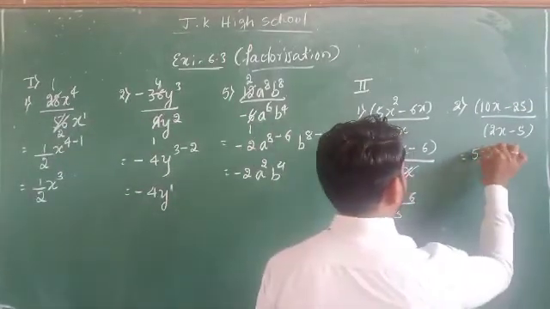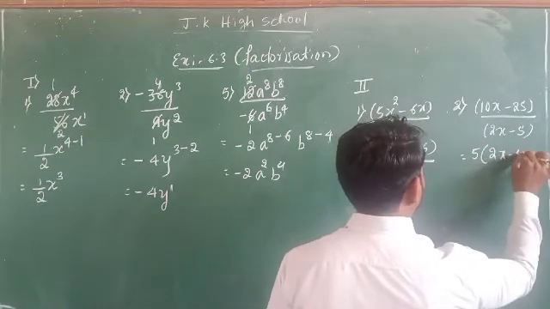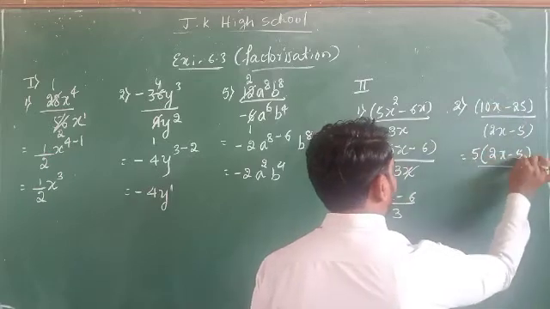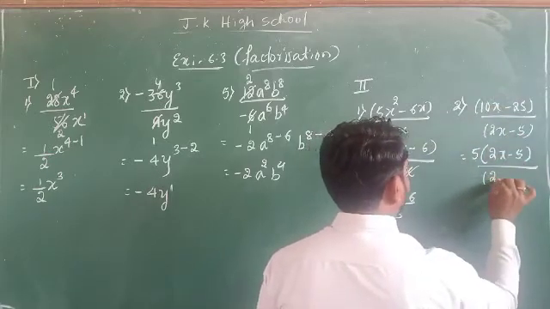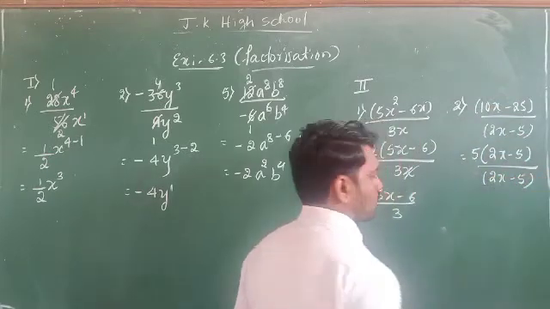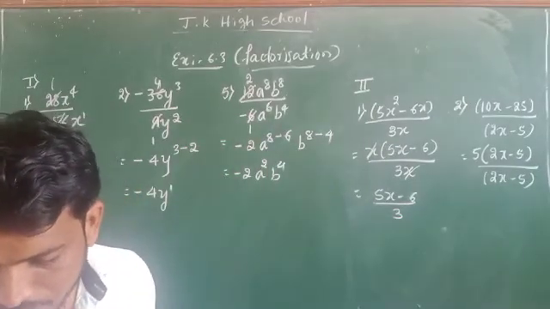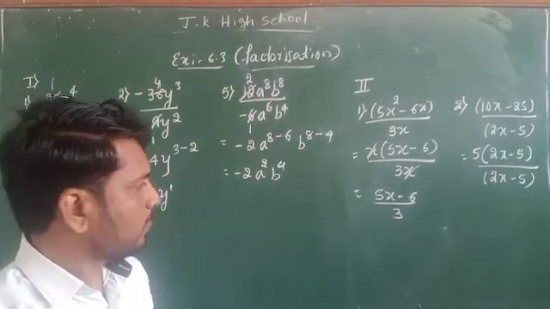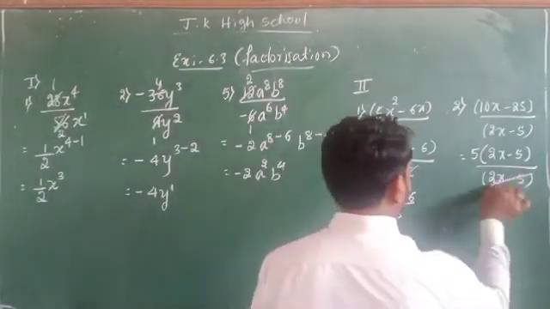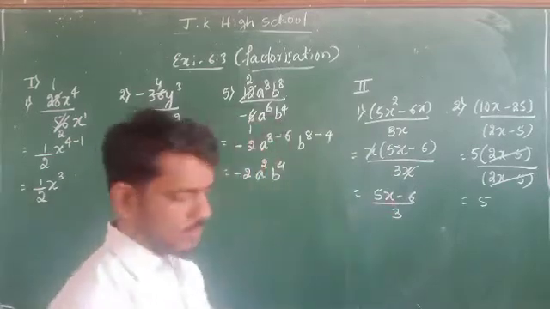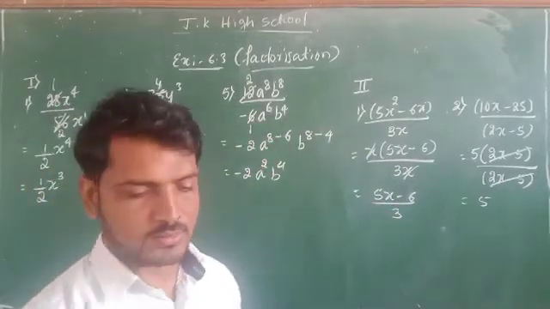You just take 5 as the common factor, the remaining values are 2x minus 5, because 5 twos are 10, 5 fives are 25. The denominator is 2x minus 5 as it is. Correct, children? Next, just cancel these two, 2x minus 5 and 2x minus 5. The answer is 5. So this is your second answer. Just write down.